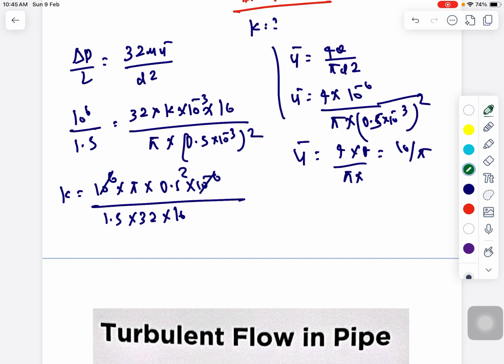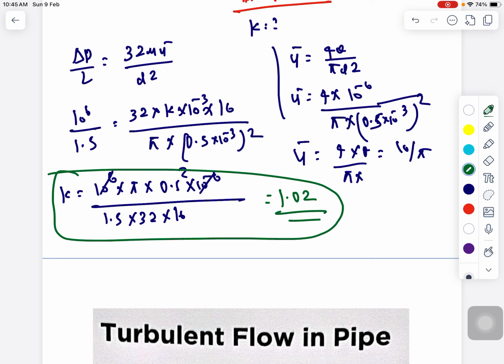Once you calculate these things, you will get 1.02 as the value of K from here.